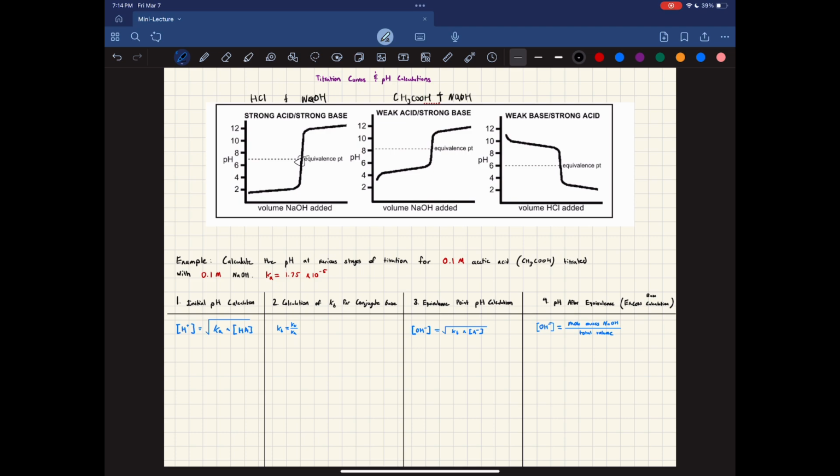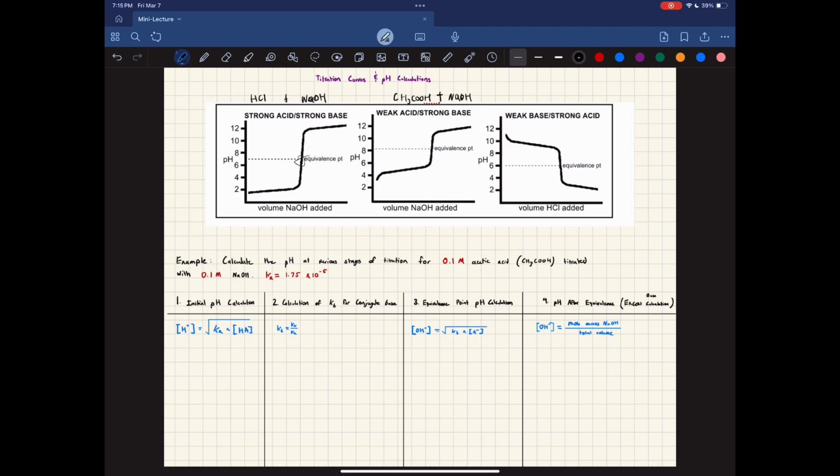A buffer region is observed before the equivalence point due to formation of the conjugate base, and the equivalence point occurs at a pH above 7, typically around 8.8, due to the basic nature of the conjugate base. The pH increase near equivalence is less steep compared to the strong acid, strong base titration.